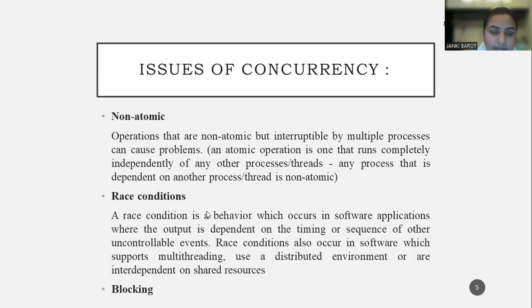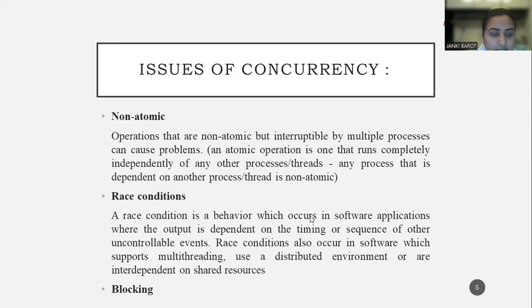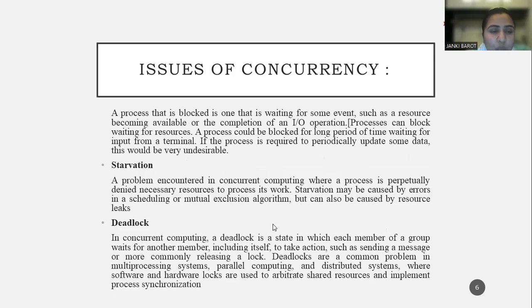Race condition we'll see in depth in the next slides. Next is blocking. Here blocking is just waiting. A process that is blocked is one that is waiting for some event, such as a resource becoming available or completion of an I/O operation.